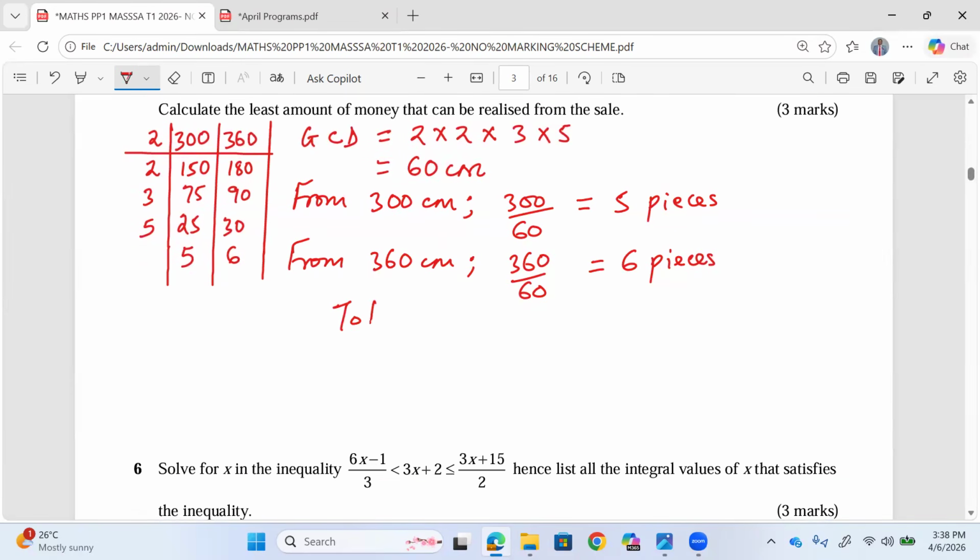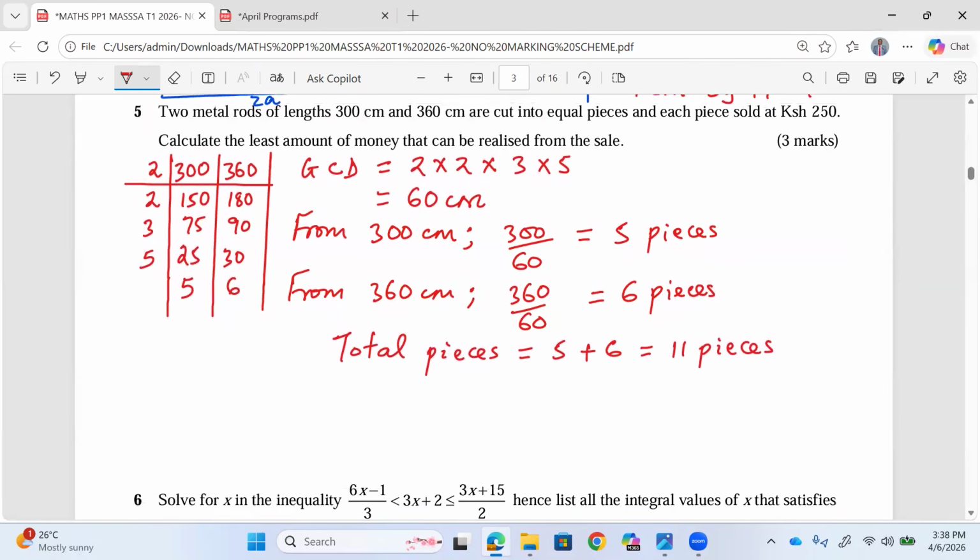So the total pieces that can be obtained: 5 from the 300 rod and 6 from the 360 centimeter rod, we get 11 pieces. So the 2 rods can be divided into 11 pieces.